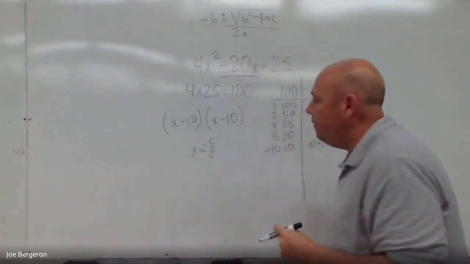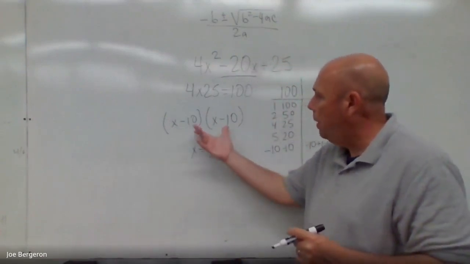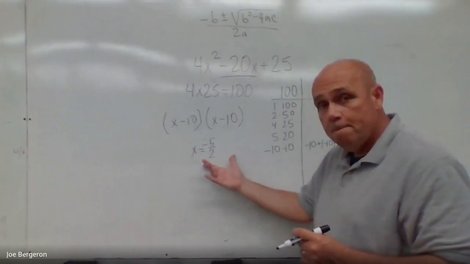X equals negative 5 halves. They will give us both. Okay.